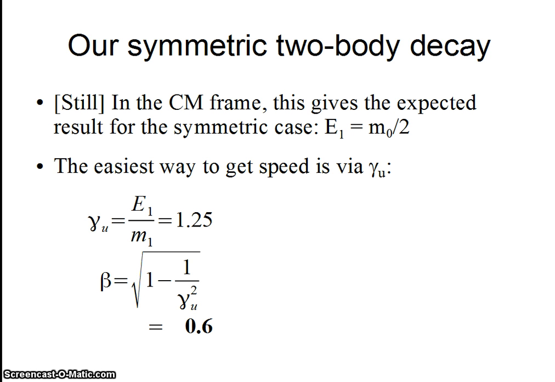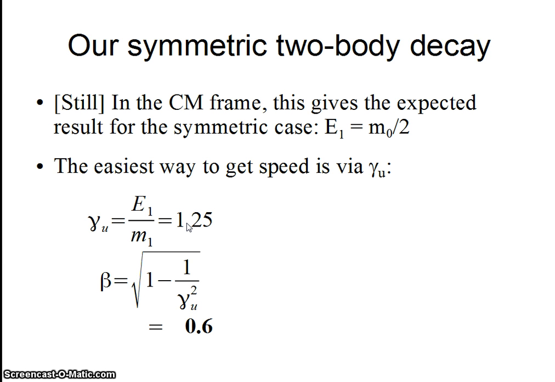Okay. So gamma, one of the relationships is that it's equal to the total energy over mass, and that's 1.25 in this case, because 20% of the energy went into kinetic energy and the other 80% went into mass.